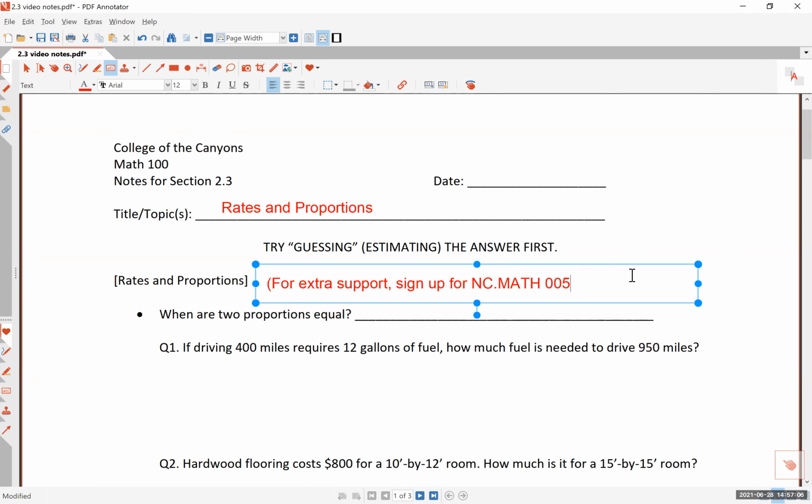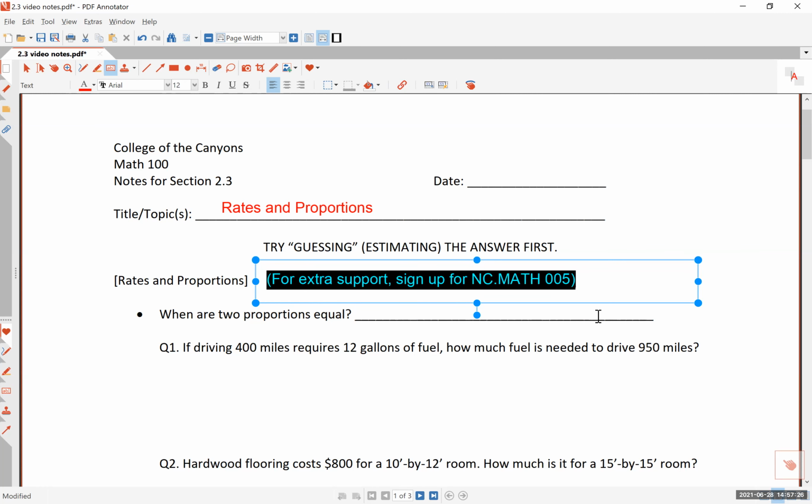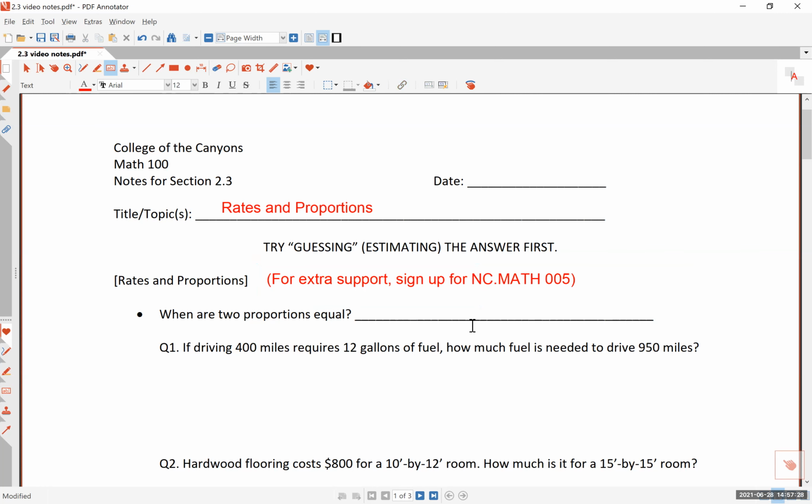It is a module-based non-credit course, which is completely free to sign up, and it's very low stakes. That is for your extra support for this section 2.3, basically for chapter 2. I think it'll be quite appropriate if you find that this section is particularly difficult for you.